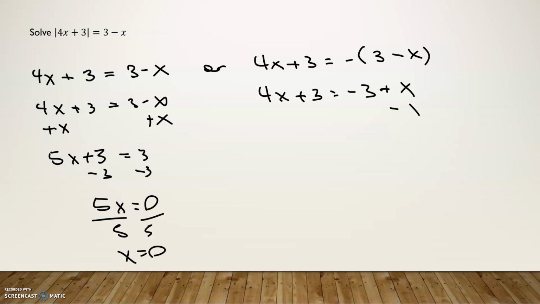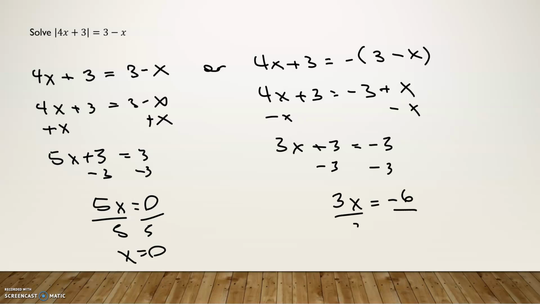Come back over here, I'm going to subtract x, so that'll be 3x is equal to, plus 3. -3, I'm going to subtract 3 from both sides, so 3x equals -6. Divide both sides by 3, x equals, well, that's going to be -2. Now when you plug these both in, they both come out to be true solutions. So both of these are your answers.